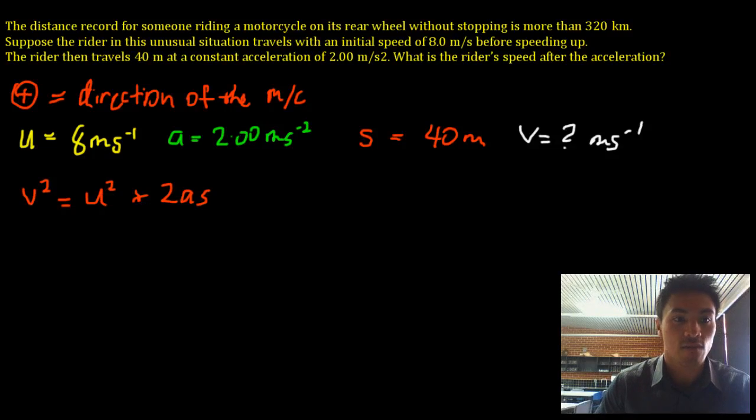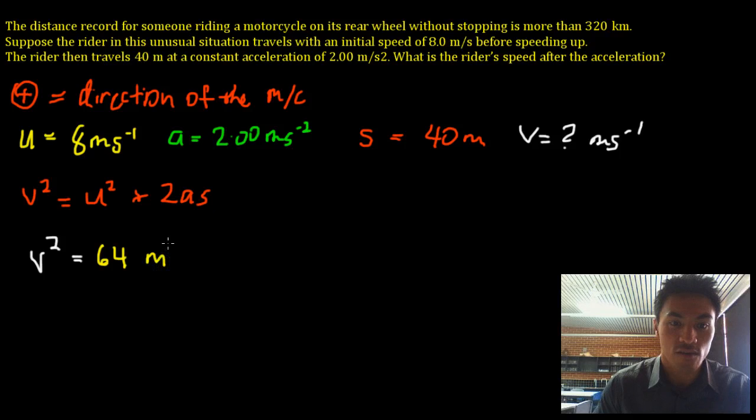Our v squared we don't know, so let's leave it as v squared. Our u squared we can already do, but if we're going to square the whole term, I'm also going to square the units as well. So 8 squared is 64.